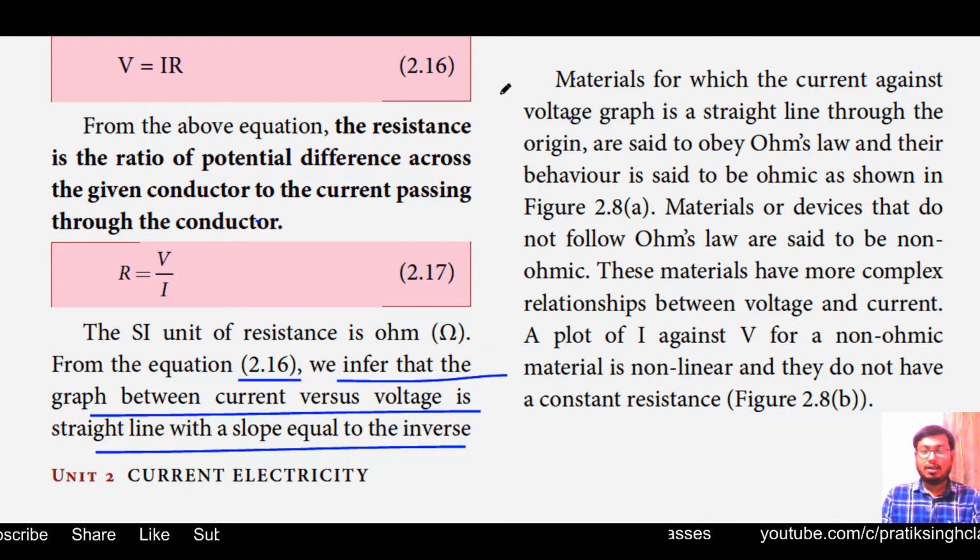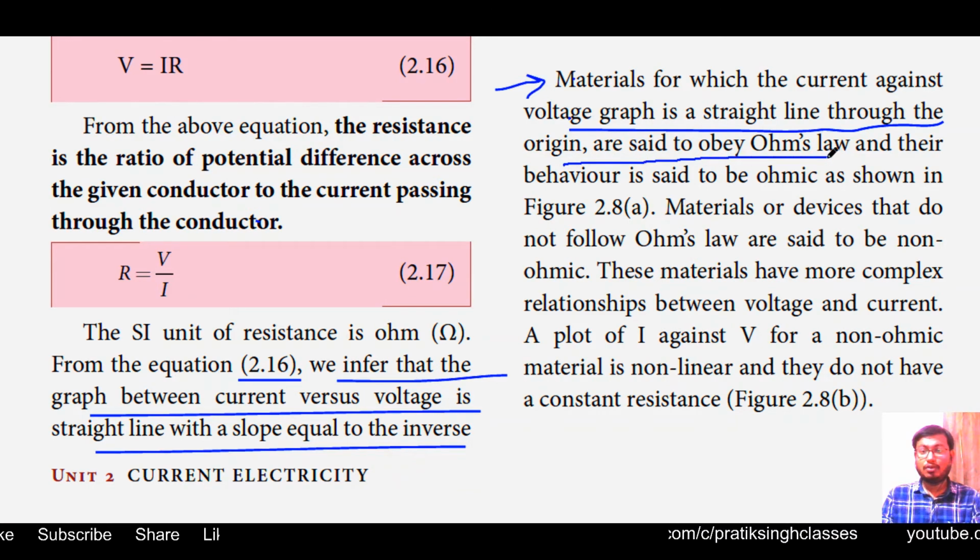Now, materials for which the current against voltage graph is a straight line through the origin are said to obey Ohm's law, and their behavior is said to be ohmic behavior, as shown in figure 2.8a above. Those materials or devices which do not follow Ohm's law, or whose graph between current and voltage is not a straight line, are called non-ohmic materials.